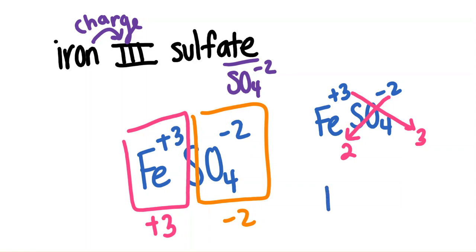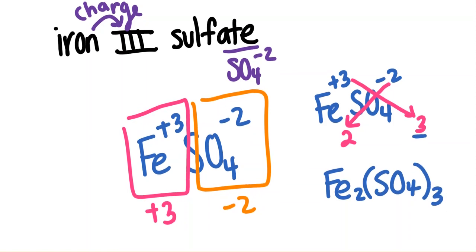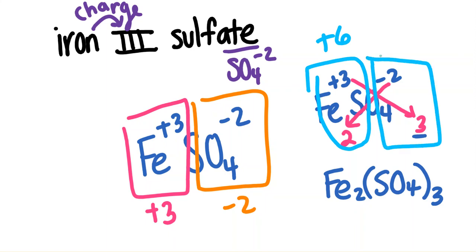And so I'll rewrite that. Since I have a number that's going to be out here, I do need parentheses around my sulfate. Okay, and so now it's neutral overall because 3 times 2 is +6, and then 3 times -2 is -6, so it is neutral overall.